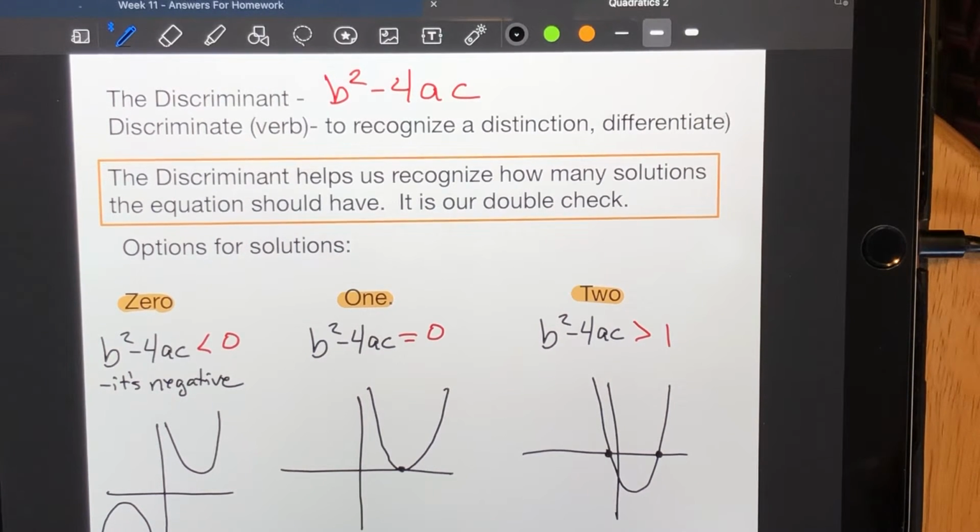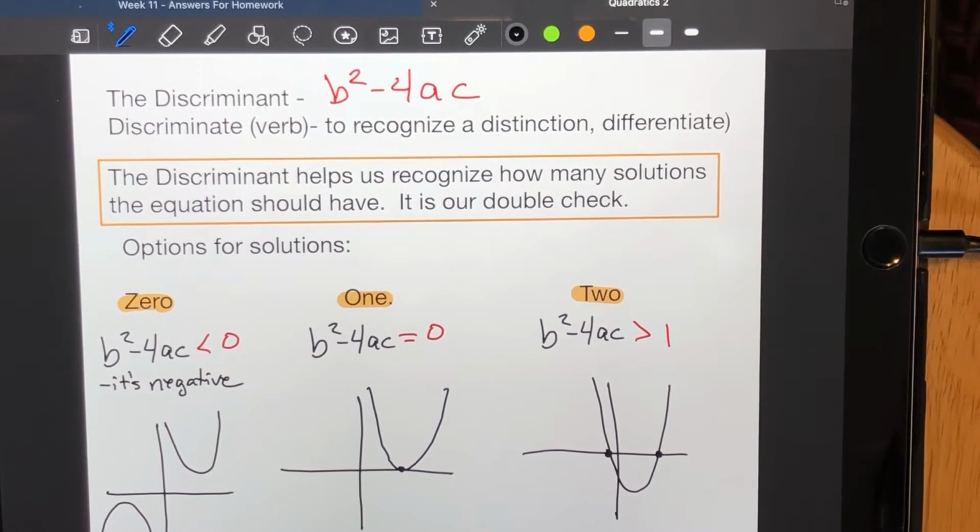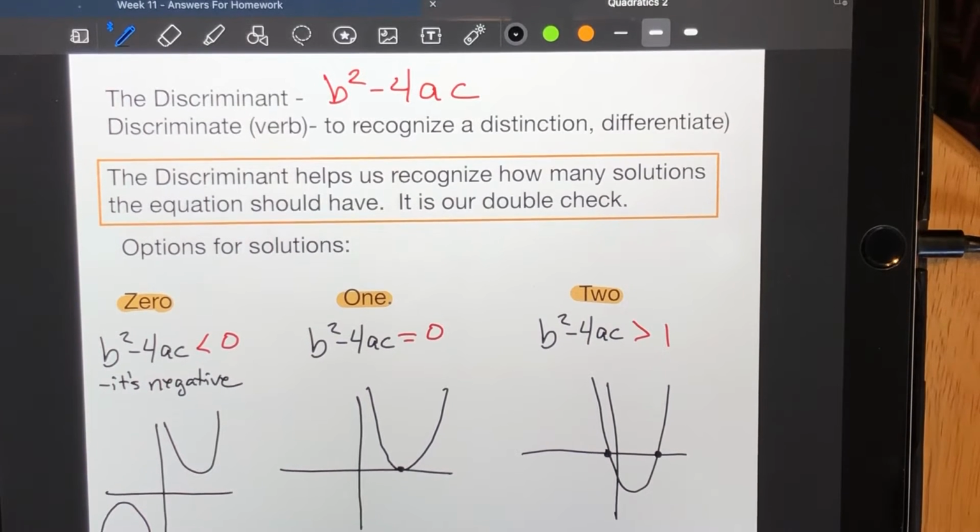If we think back to all the tools that we now have in our toolbox for looking at a quadratic, solving it, and making that graph, we know how to find its direction, whether it's up or down. We know how to find the shape, whether it's skinny, basic, or wider. We know to look and see if it's on the origin or off the origin. We know how to find the vertex with the negative b over 2a.